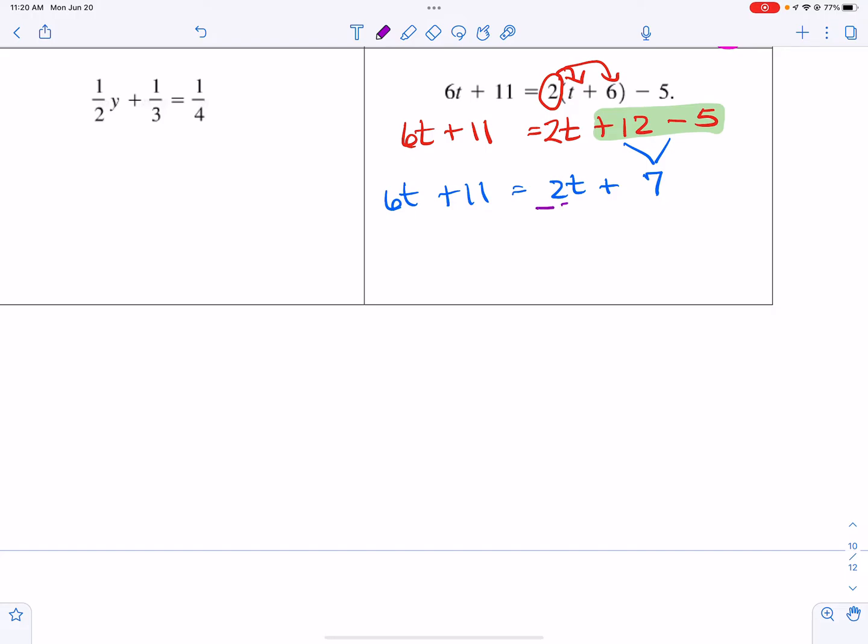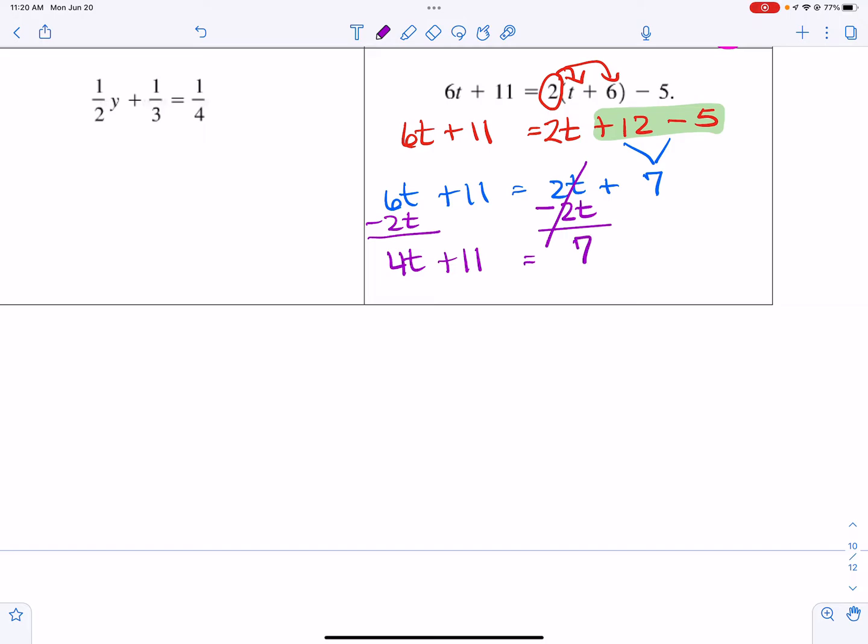So in order to make that go to 0, I have to do the opposite. And as long as I do it to the left and I do it to the right, I've still kept my equation balanced. So 6t minus 2t is 4t. Bring down the plus 11, and that's equal to positive 7.